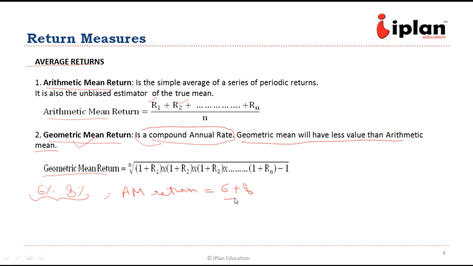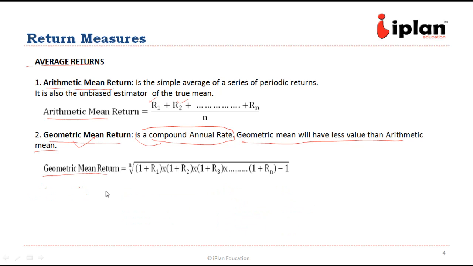But if we calculate geometric mean return, that would be 1.06 into 1.08, square root of this, minus 1. If we look closely, this is nothing but the compounding.